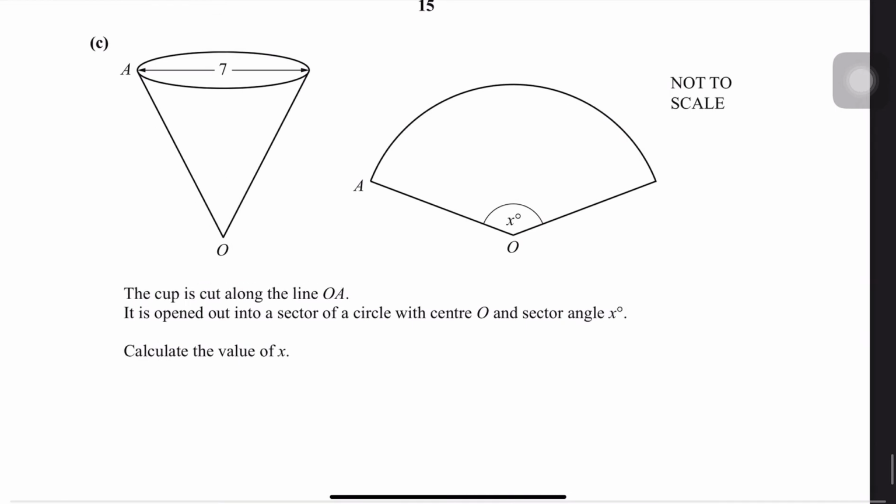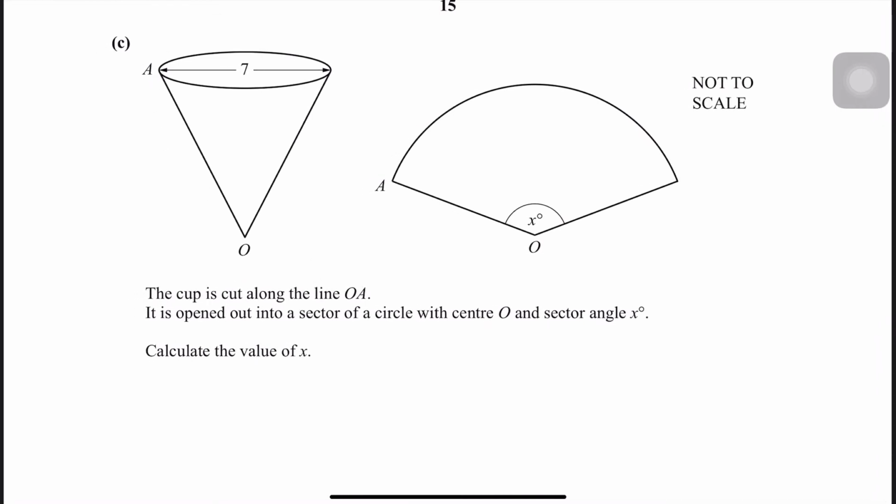Okay, then the cup is cut out along OA. So I cut open the cup so that it forms a sector now. So this slant height becomes up here. If I calculated this value as 9.2608, let's just write 9.261.